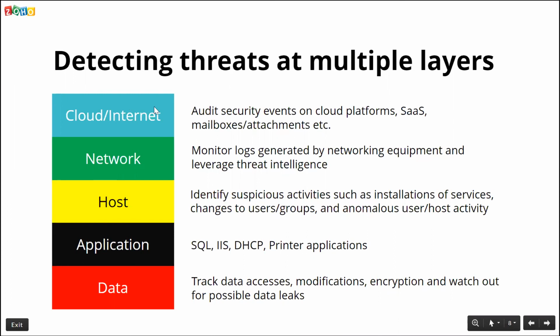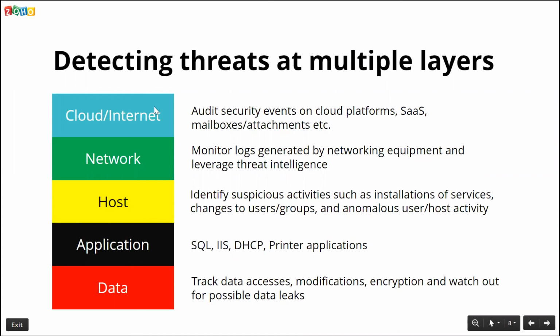One of the first points that I brought up was that organizations don't have the visibility into what is going on in the network, that they do not have the visibility into any security event that is happening in the network. And one of the main reasons for that is they end up missing the cloud layer.